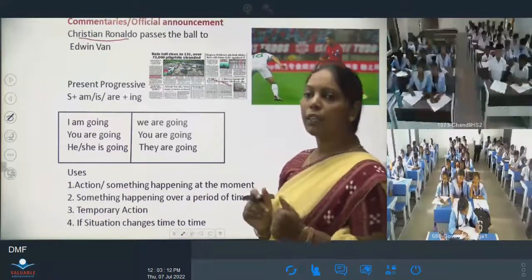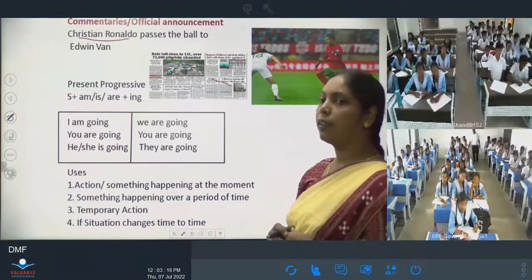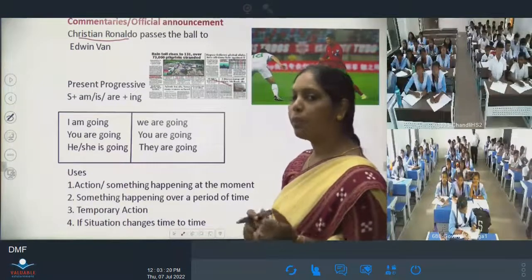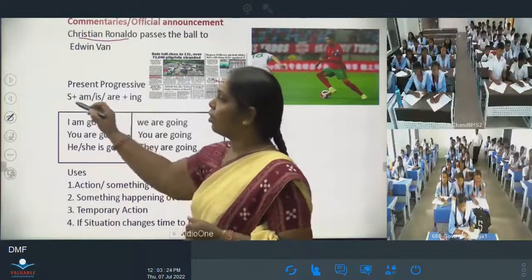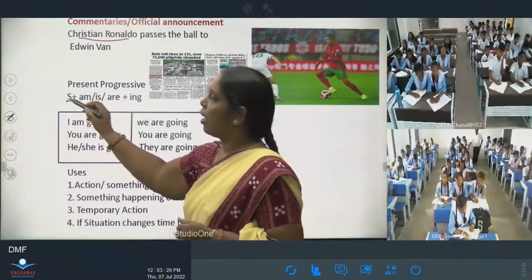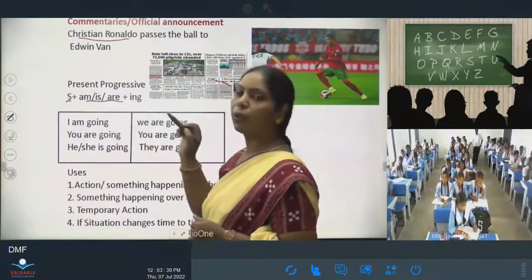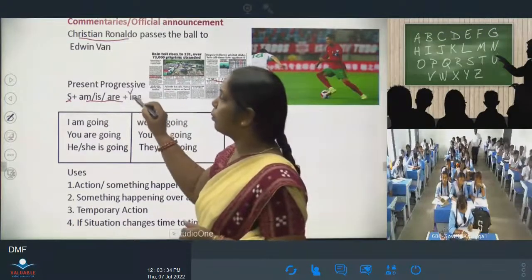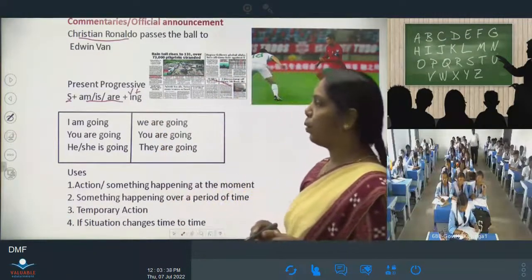Again, in order to express present time, we use present progressive tense. This is the format and the structure: subject, am, is, are, the auxiliary verb, and verb with ing form.